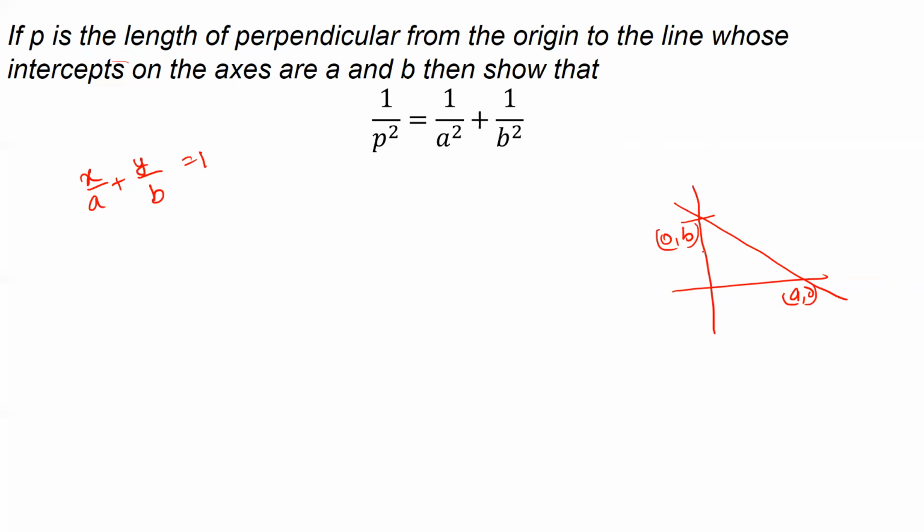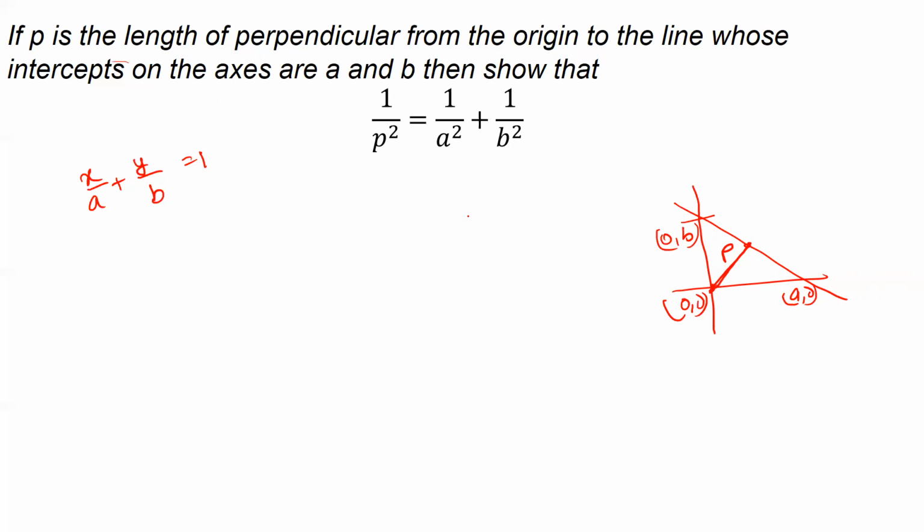So if we drop a perpendicular from the origin to this line, then this length is p units. That means this is effectively the distance of the origin from this line. This is what the question says, that the distance of the origin to this line is p units.